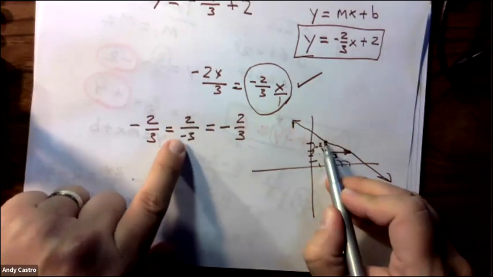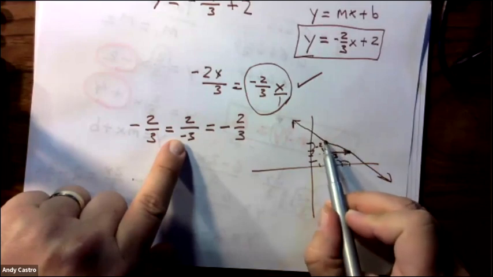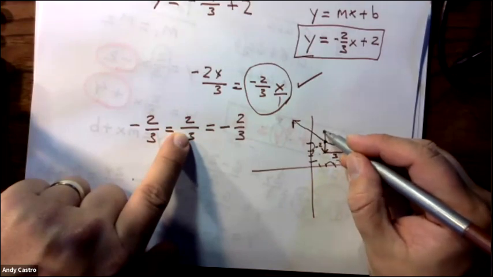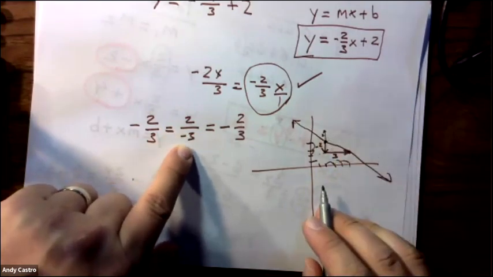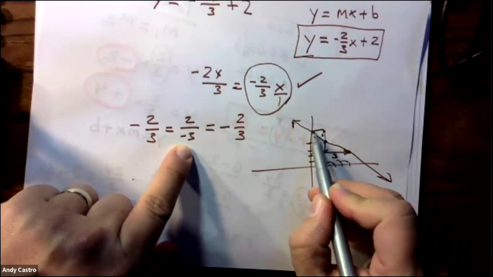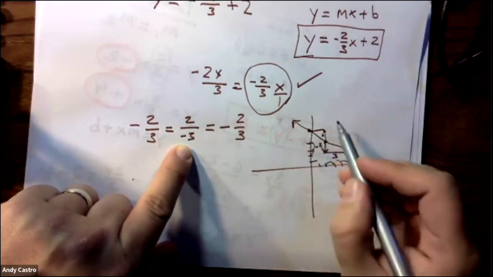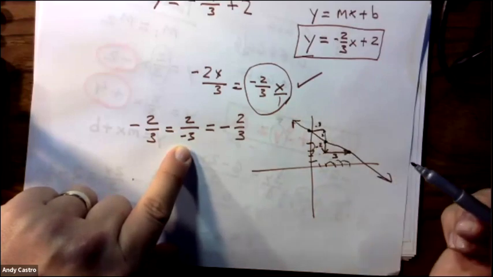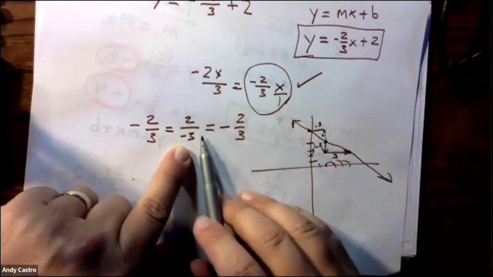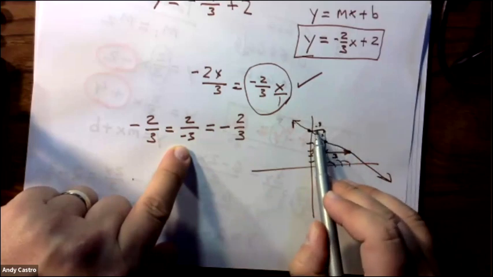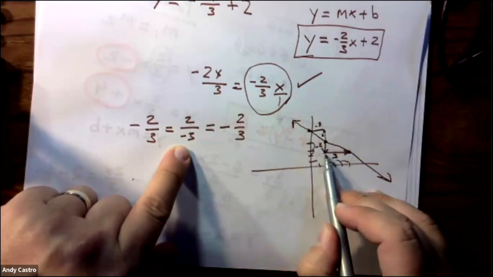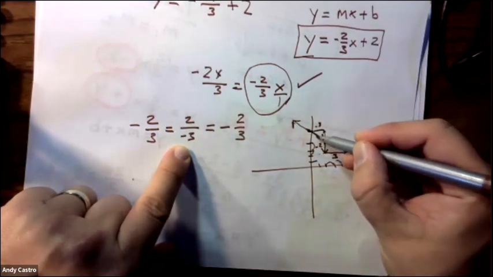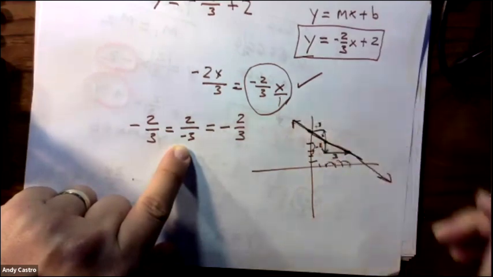Well, if we start here and we did +2, so we went up 2 instead, and then we did -3. We went this way 3. We would still be on that line. So even if you make it +2, -3, or -2, +3, it's still going to be points that exist on that line. So you're okay.